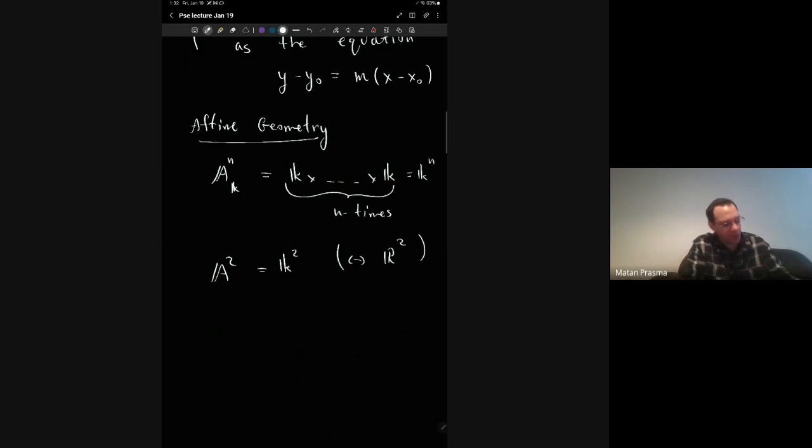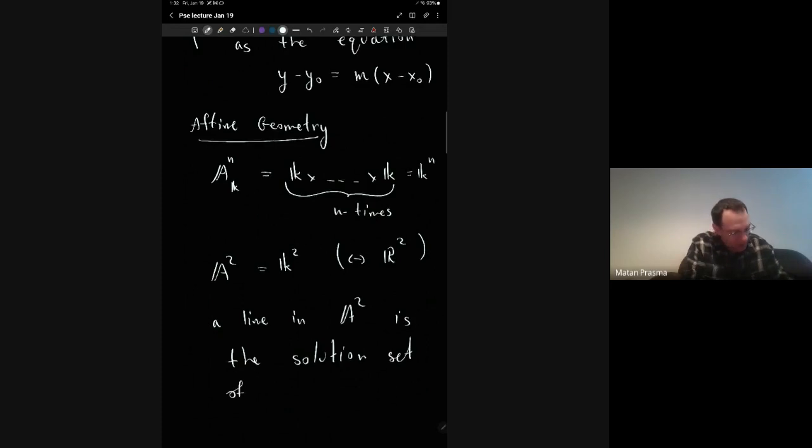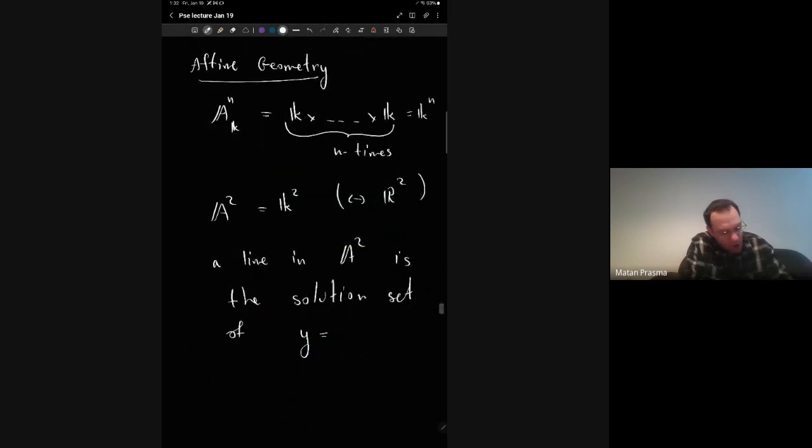And a line in A2 is the solution set of an equation of the form y equals mx plus b, where now m and b are in the field K.